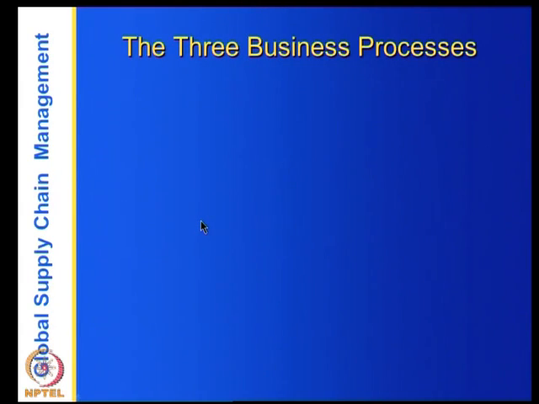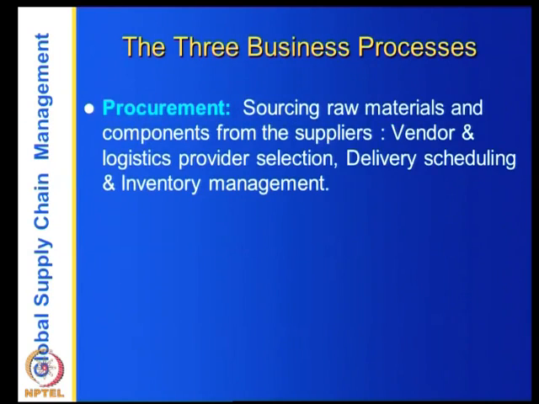And if you are talking of business processes, there are three business processes in this. The first one is procurement. Procurement is sourcing raw materials and components from suppliers. It involves vendor and logistics provider selection, delivery scheduling, and inventory management. These are all the issues associated with procurement.